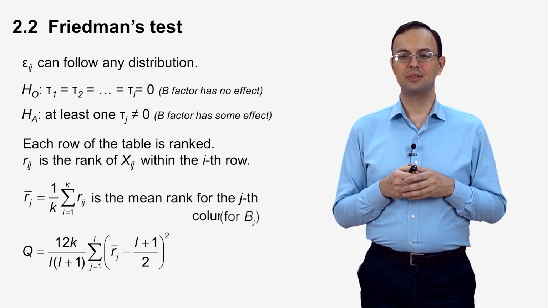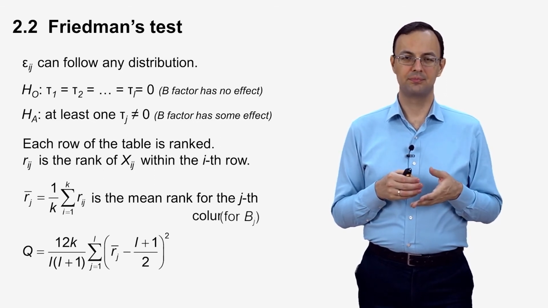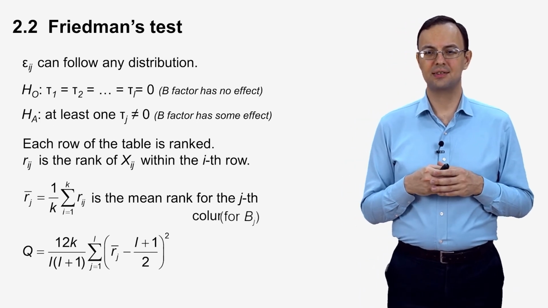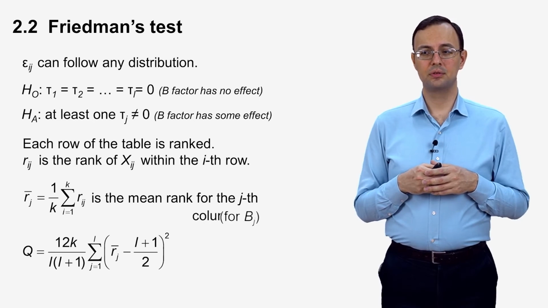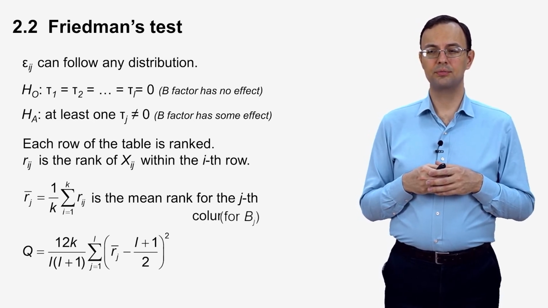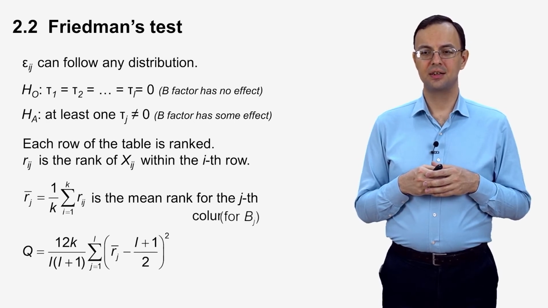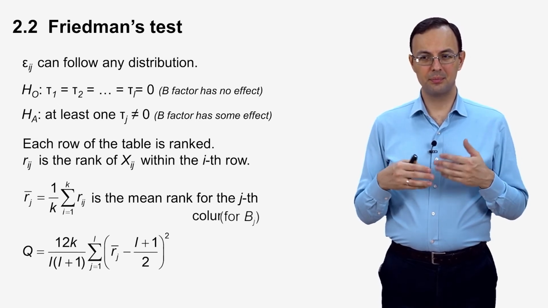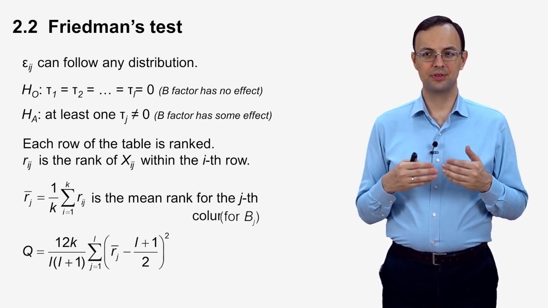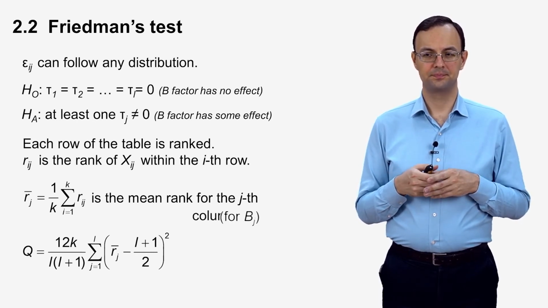Then you do almost the same as in the Kruskal-Wallis test. You calculate the mean ranks for all columns of the table, and then the test statistic shows us the variation between these mean ranks for different columns, for different values of the B factor.